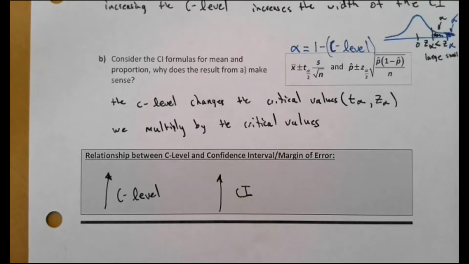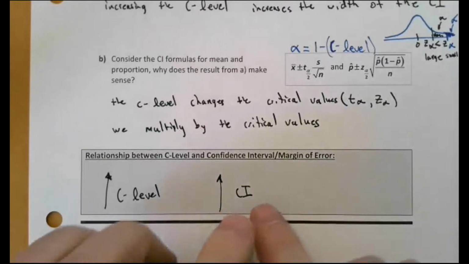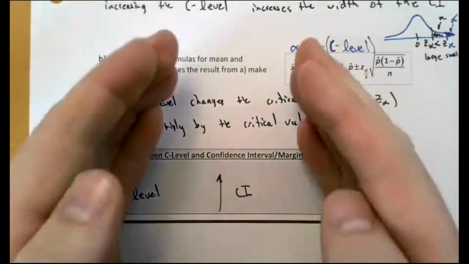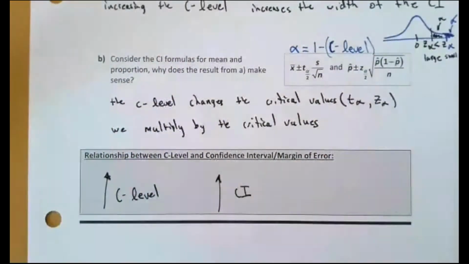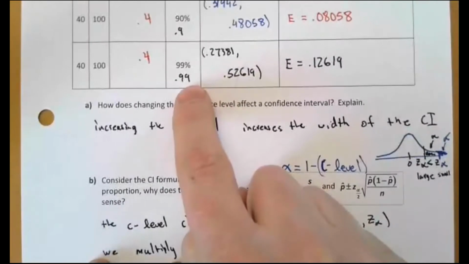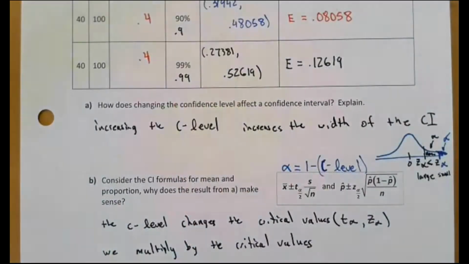And I can say I'm 100% confident because those are all of the possible values. So when we make the confidence level larger and larger, we're including more possibilities for what the parameter could be. So if we want to be more confident, just make it wider and we'll catch more things.